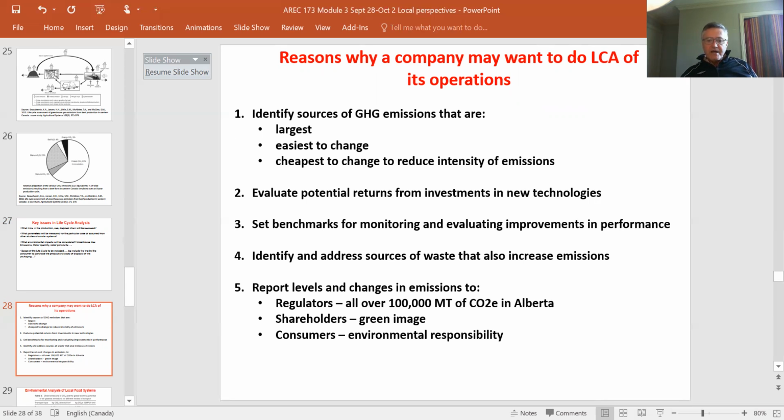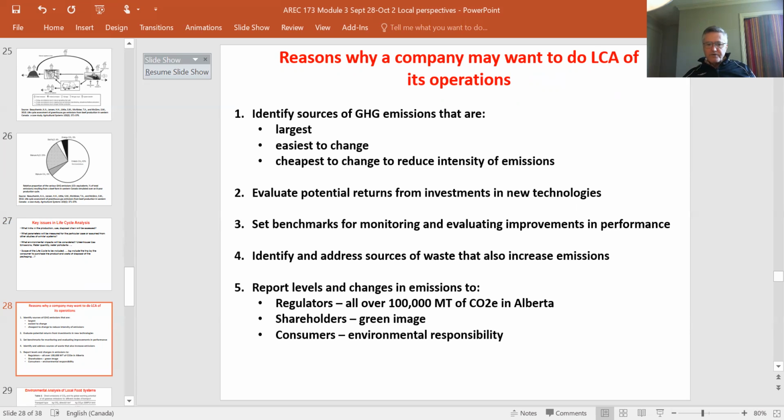Or they may have to report to a variety of stakeholders in their business. Some of the stakeholders include regulators. In Alberta, we regulate any business facility that generates more than 100,000 metric tons of CO2 equivalents per year.